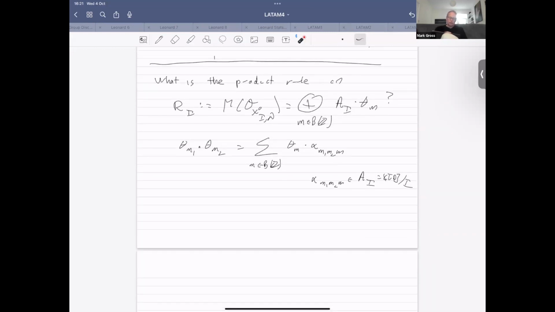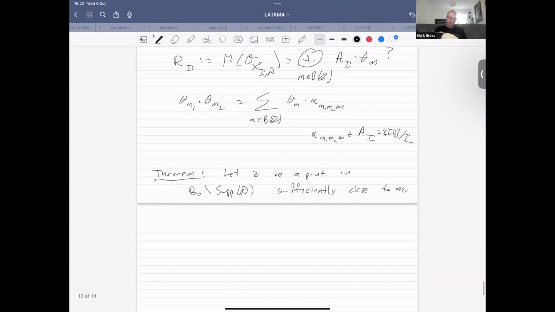So here is a simple theorem, and simple enough that I'll give you the proof. Let z be a point in B_0 minus the support of D, sufficiently close to m, where m is this point here.